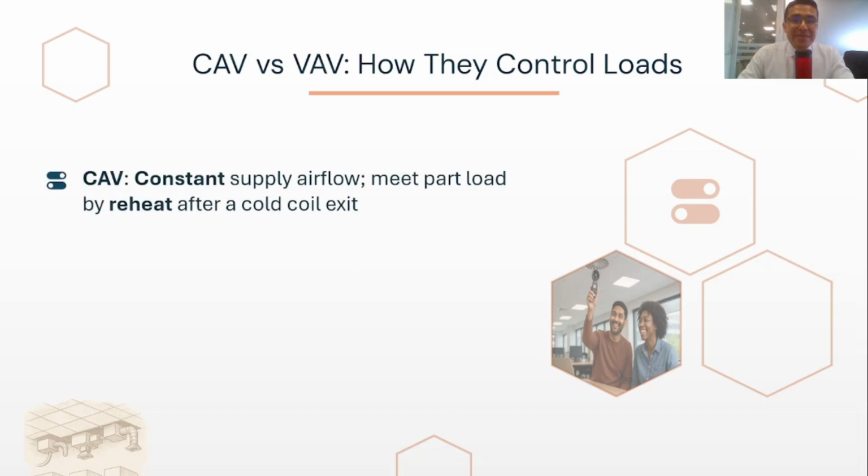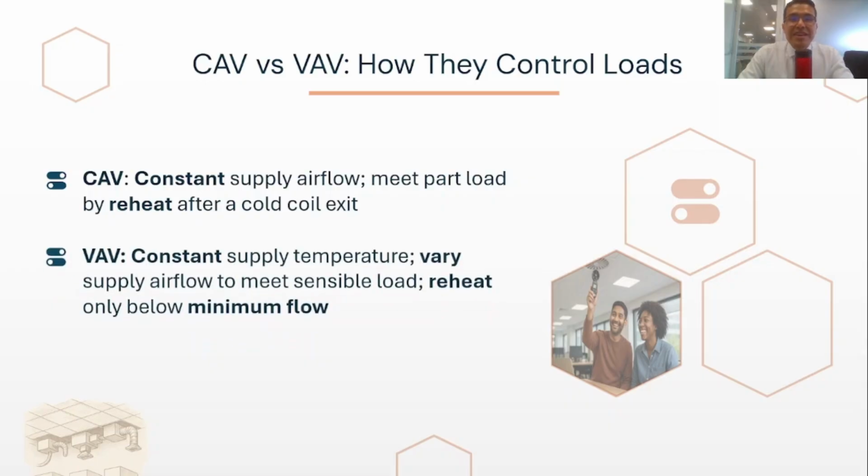In CAV, the supply airflow is fixed, and the coil provides a low leaving temperature to handle latent loads. As sensible load drops, space temperature is maintained by reheating the cool air before it enters the space. This delivers stable temperature and humidity, but can be energy intensive.